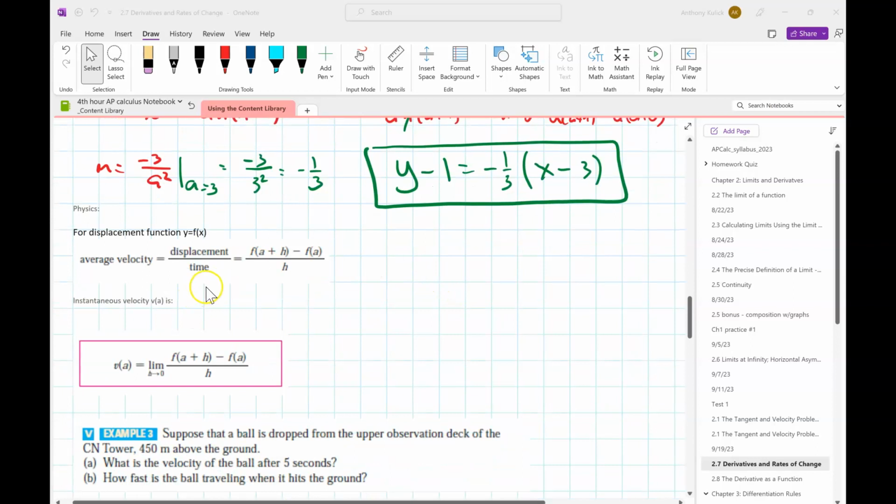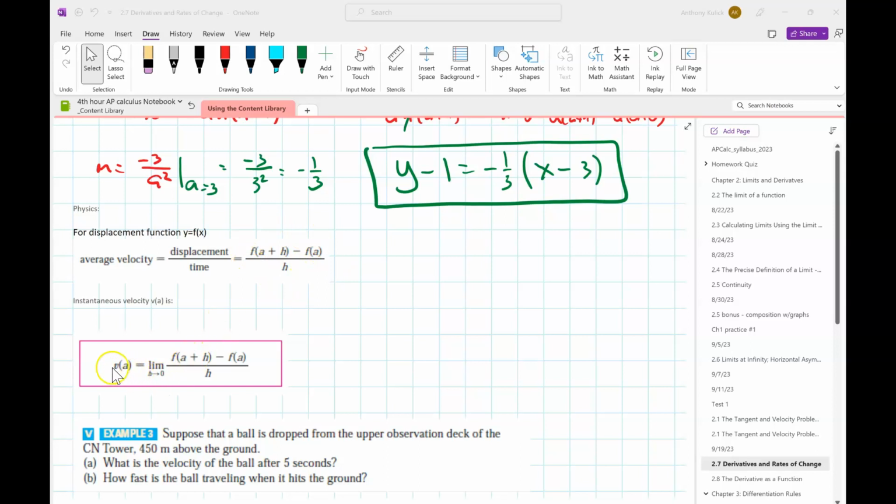For physics, remember that average velocity is just displacement over time. If f is my position function, that displacement over time would be f of a plus h minus f of a over a plus h minus a, which reduces down to this.